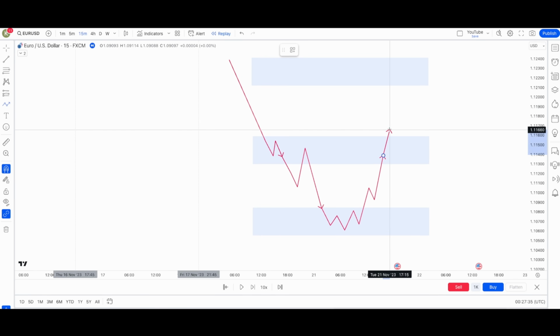So we're expecting to see a push up, pullback, push up, break with a body, preferably an H4 body break as well, but you can't always get that. Try to get a pullback to the nearest pin bar and then the nearest order block, and feed our way up to the next one. So it's really as simple as that.